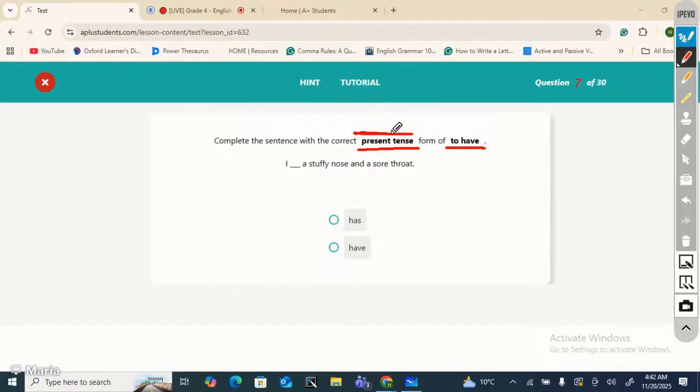Which one is the correct present tense form of the verb to have, which we can use to complete the sentence? Good. Semi and Matthews have answered.